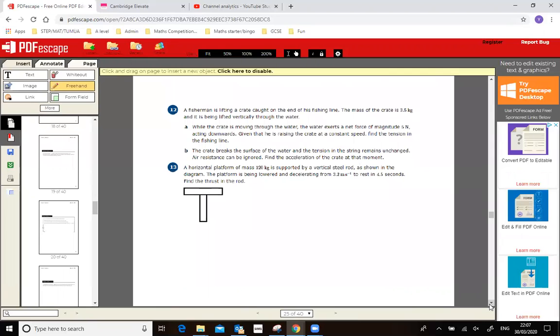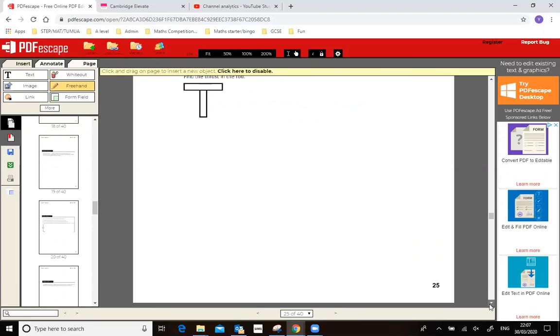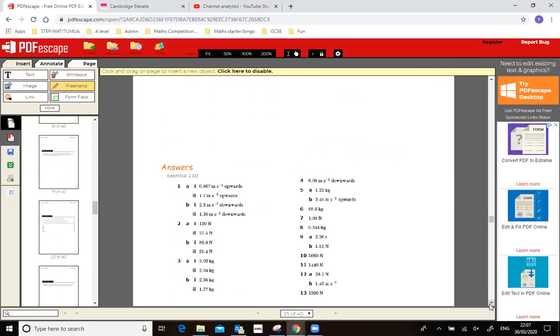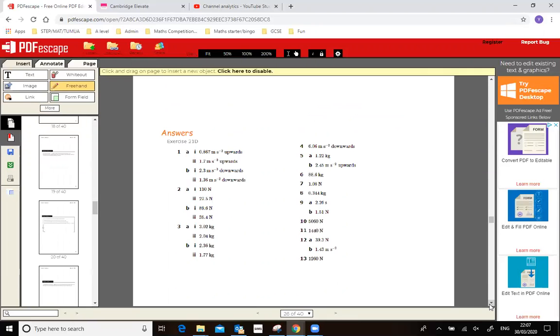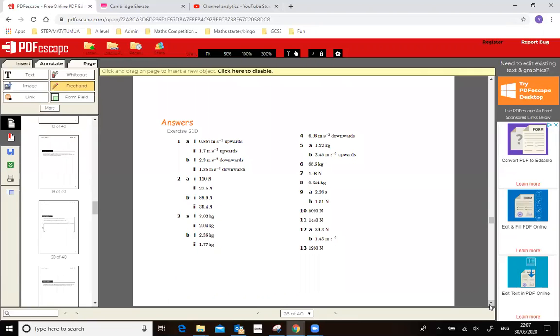And finally, we have question 12 and question 13. And here are the answers for exercise 21D.